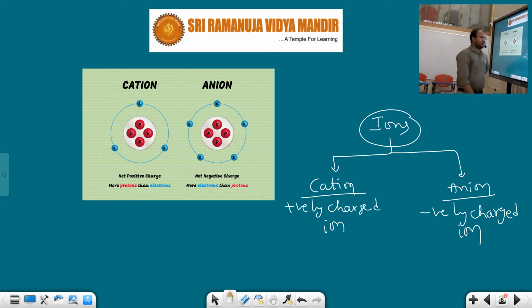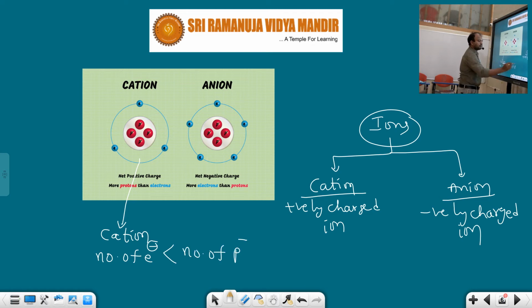In cations and anions, observe that this is a positively charged ion, a cation. What happens in this cation? Compared with the electron number, which number is more? Proton number is more. Then only a cation forms.